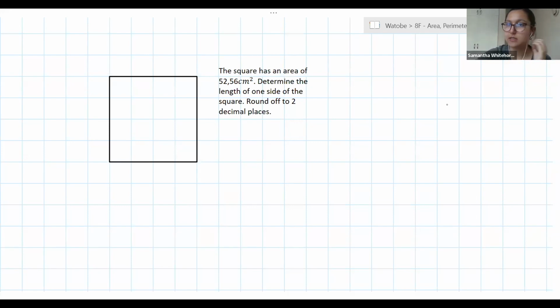Bontle, very nice. I hope we're all giving it a try. Seeing some good answers come through. Remember the units, it's a length, so we need to have units there.